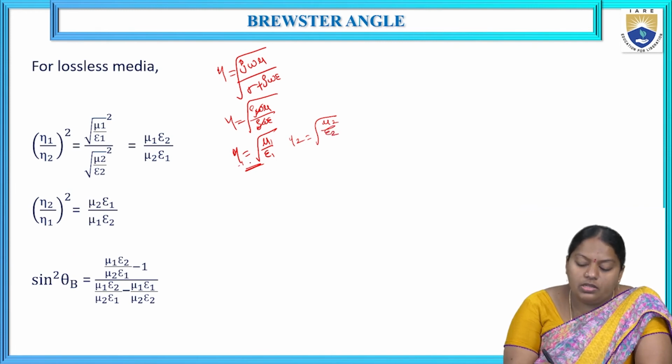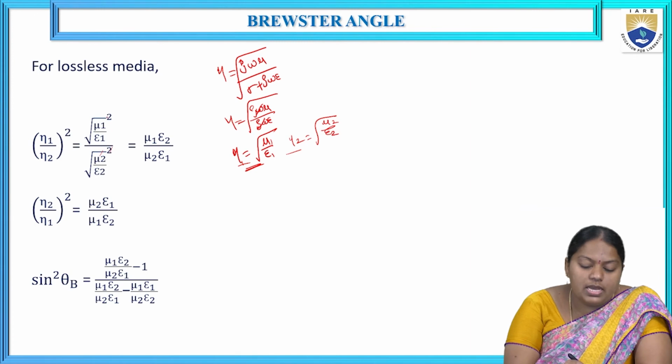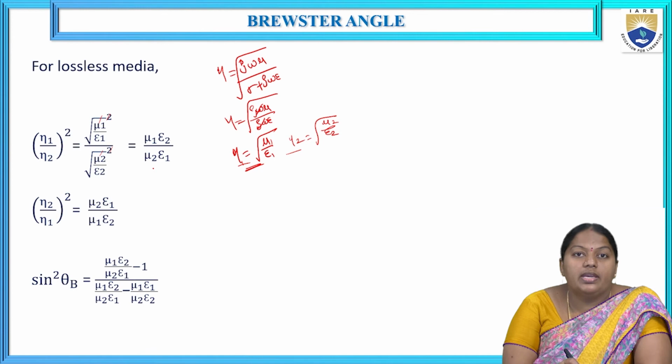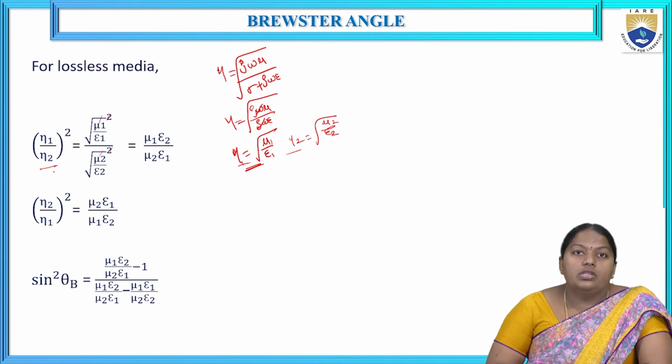So root over mu 1 by epsilon 1 whole square by root over mu 2 by epsilon 2 whole square: the square roots get cancelled, and in the denominator the ratio is inverted and multiplied, giving mu 1 epsilon 2 by mu 2 epsilon 1. That is the value obtained for eta 1 by eta 2 whole square.